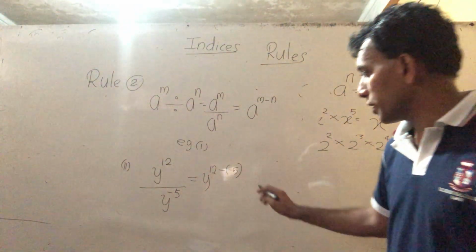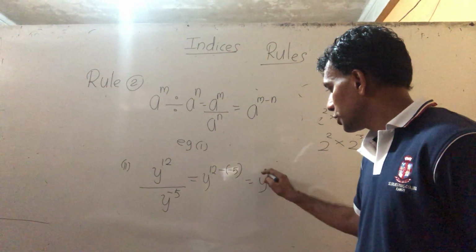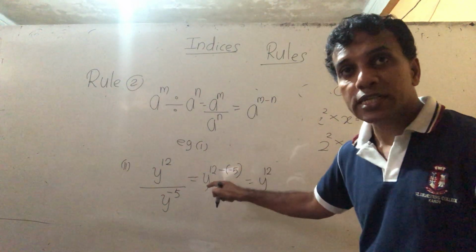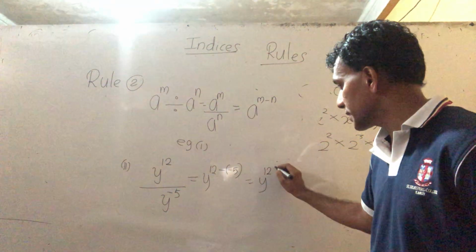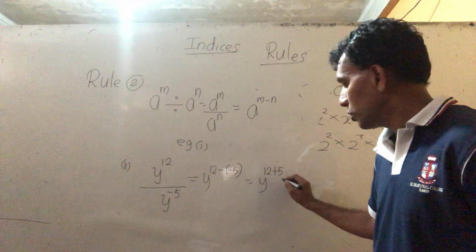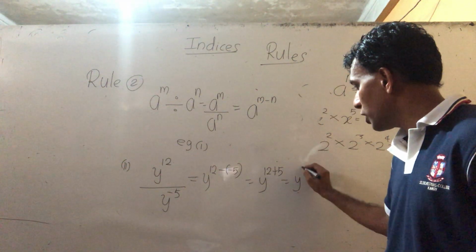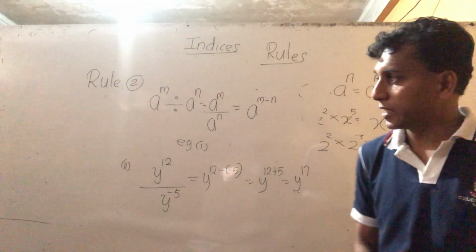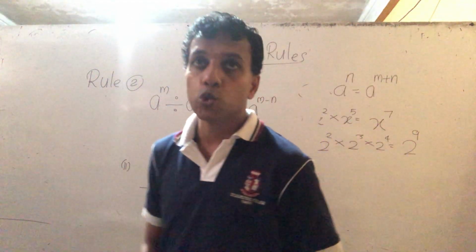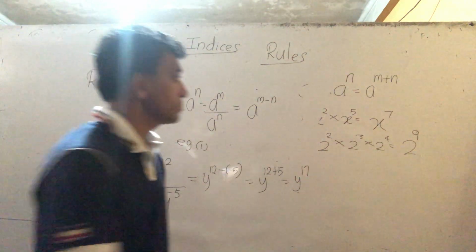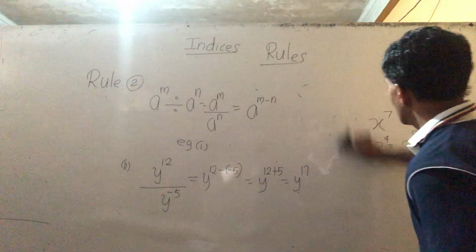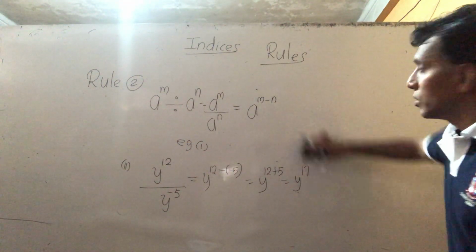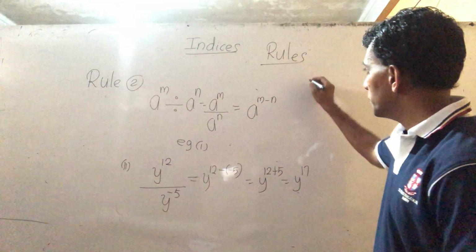Okay, so what is that? y to the power 12 plus 5. So the answer is y to the power 17. This is rule number 2 of indices, right? Right, next, rule number 3.